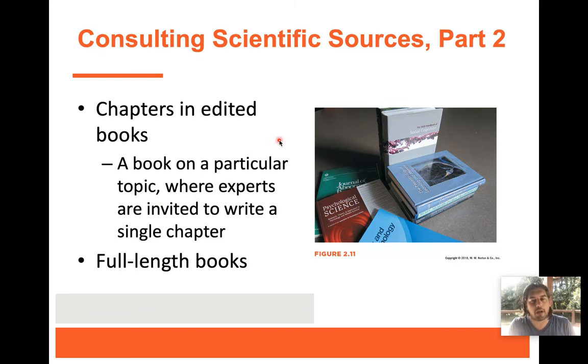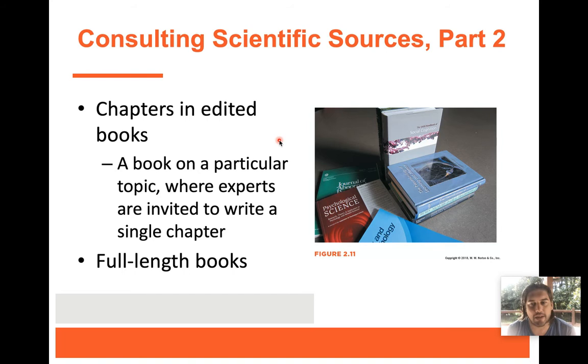You'll also find published scientific material in books. So these are scientific books that are meant for consumption by other scientists. So even though they're books, they are not written for a general public audience.